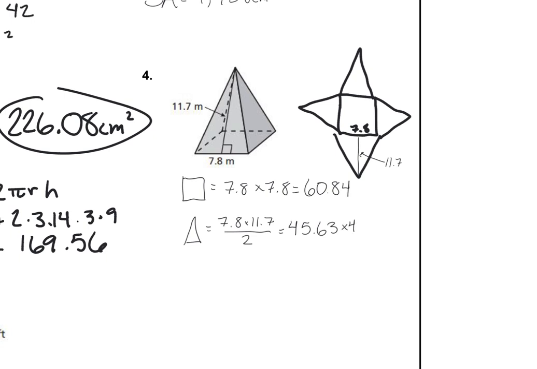Multiplying it by 4, since there's 4 of them, I'm going to reach 182.52. Alright, lastly, I just need to add those two total surface areas together. 60.84 plus 182.52. And we get an answer of 243.36 meters squared.